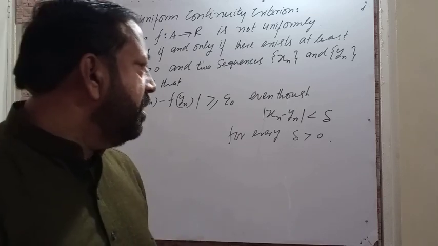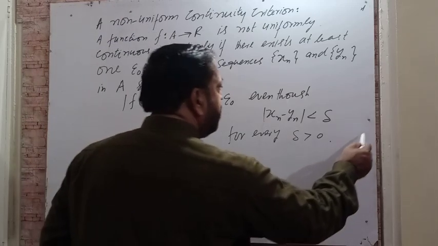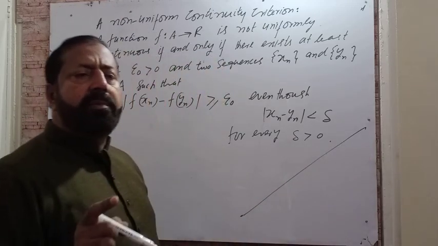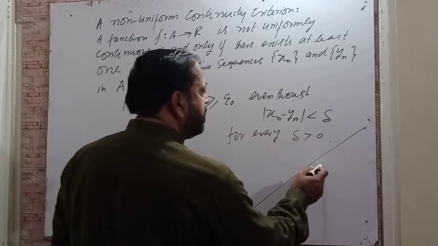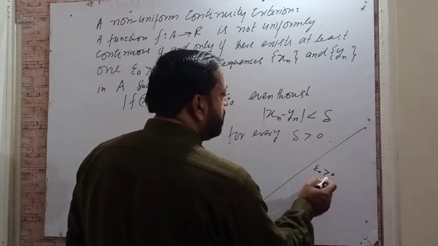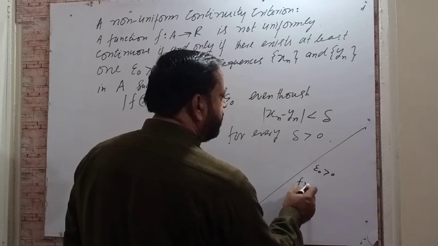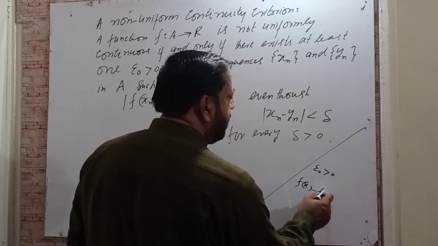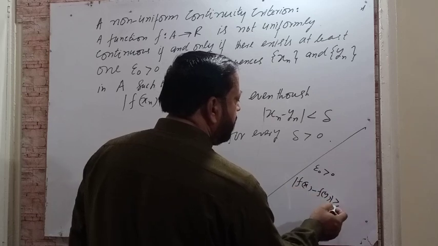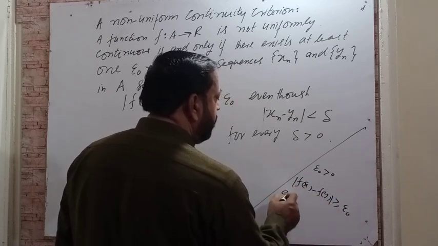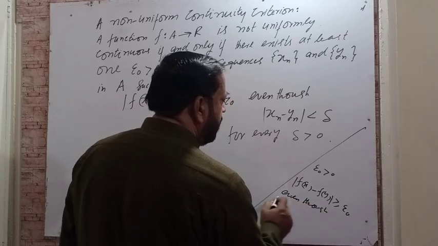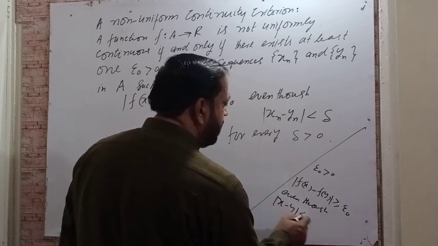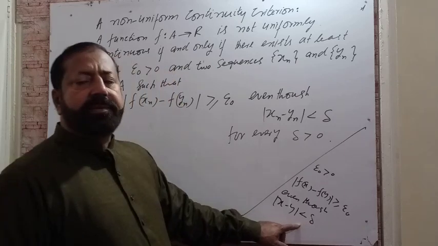As last time we have seen, if a function is not uniformly continuous, then there must be at least one epsilon naught positive such that |f(x) minus f(y)| is greater than or equal to epsilon naught, even though |x minus y| is less than delta for every positive delta.